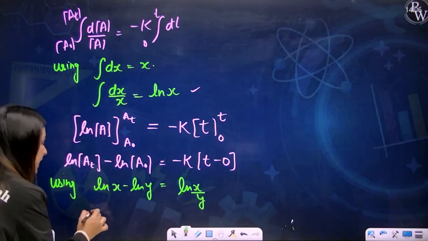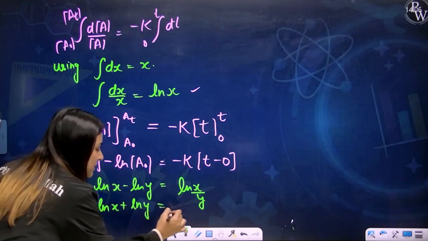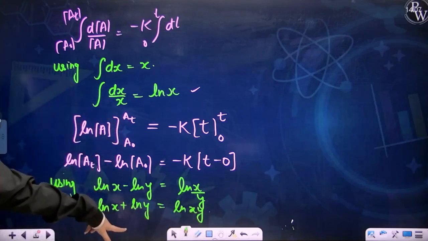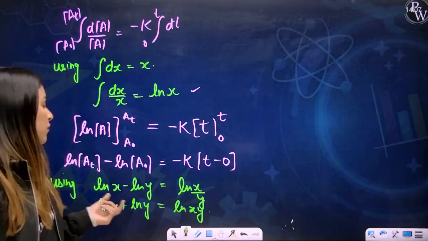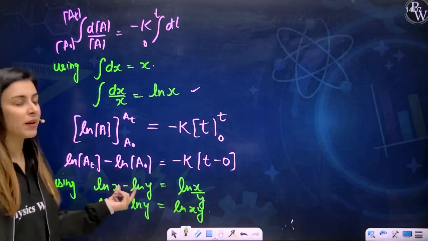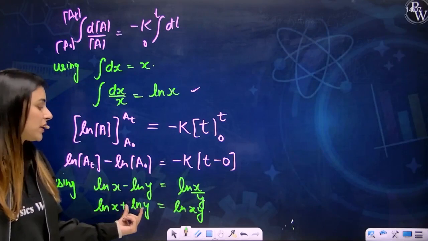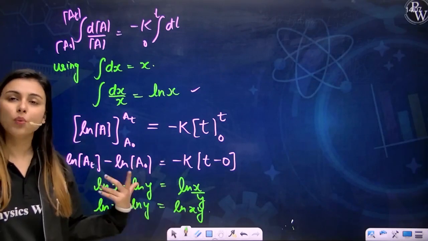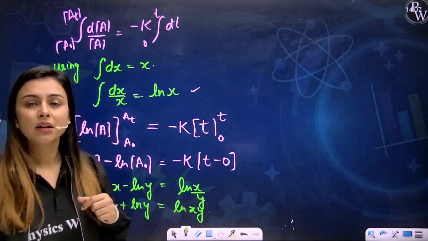Or if you say ln of x plus ln of y, this means ln of x into y. These are the two log properties which we will be using right now. Whenever you have ln of x upon y, you can write it as ln of x minus ln of y, and vice versa. Whenever you have ln of x plus ln of y, you can write it as ln of x into y, and vice versa. So we'll be using this expression in the derivation.